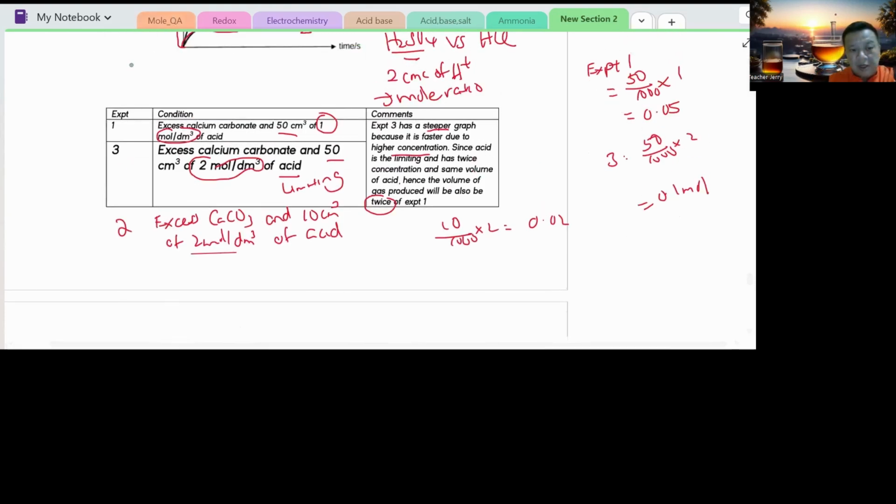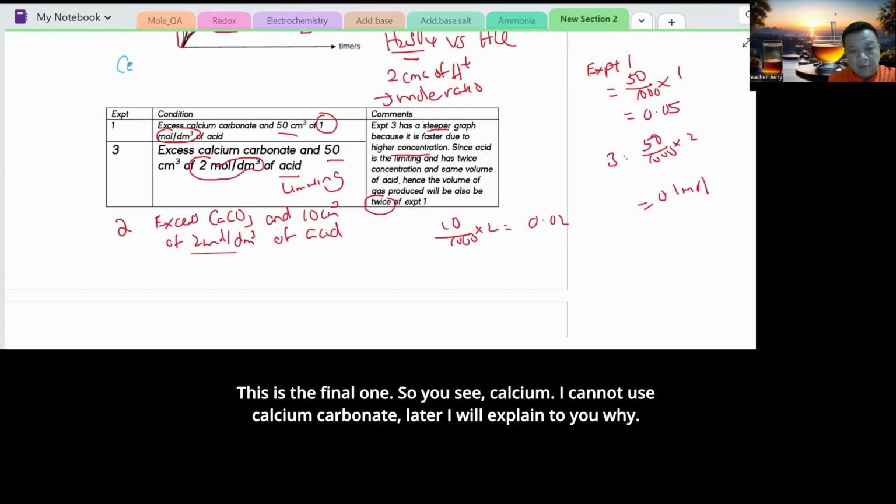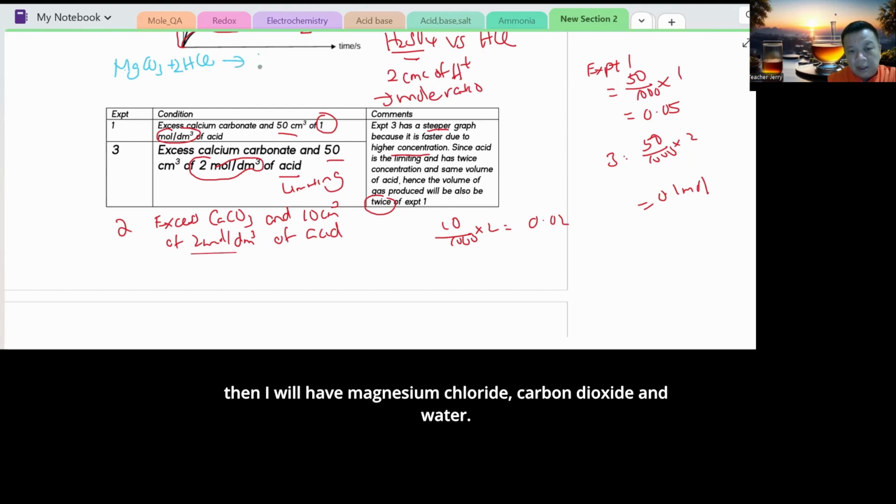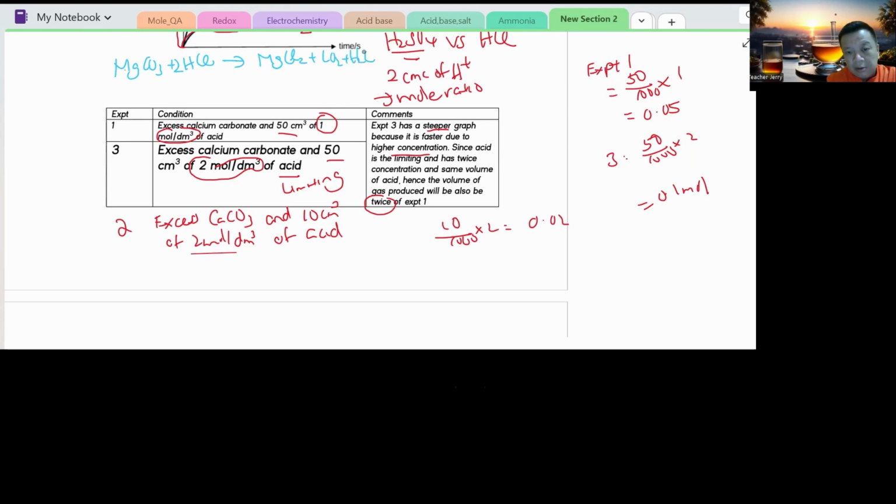This is the final one. I cannot use calcium carbonate, I'll explain to you why later. For example, I have magnesium carbonate plus HCl, then I will have magnesium chloride, carbon dioxide, and water.